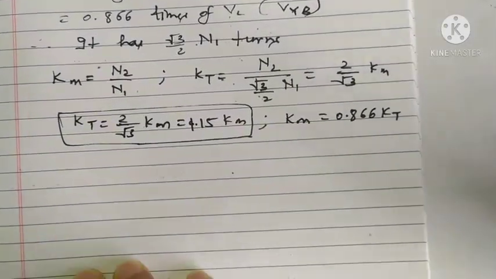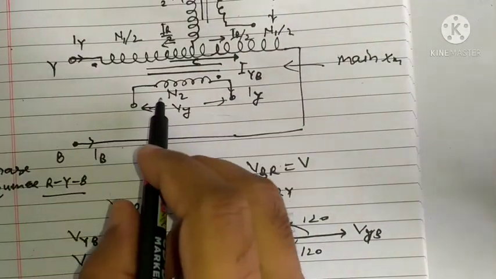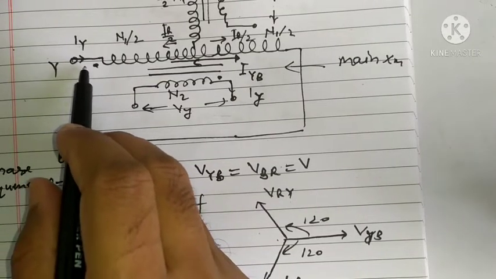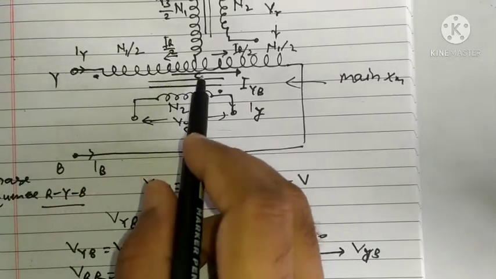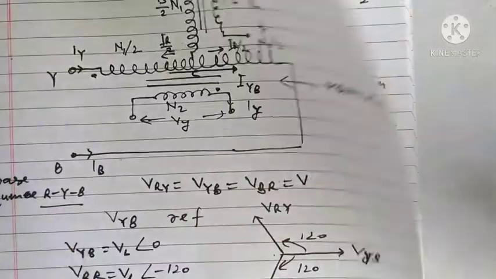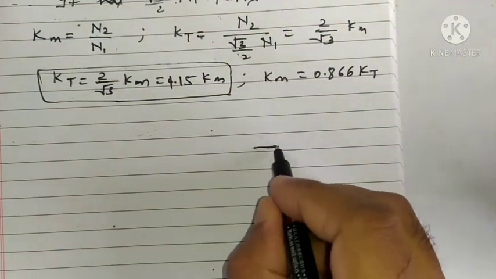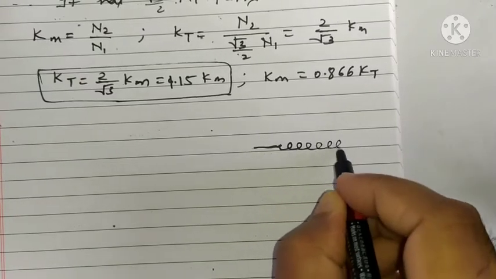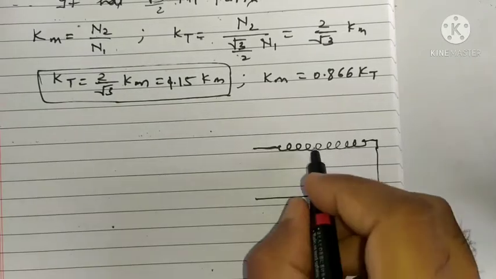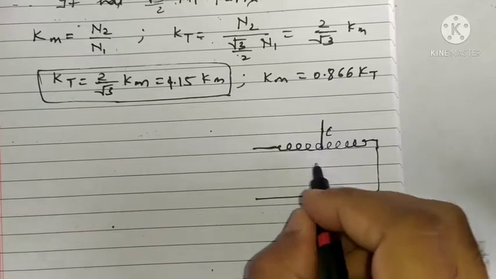Along with this, if you follow the circuit, the current phasors can also be written, right? So if I have to write the Iy current, the current in this direction is Iyb minus this current. I can show here. This was our winding, and this was the center tap C point.